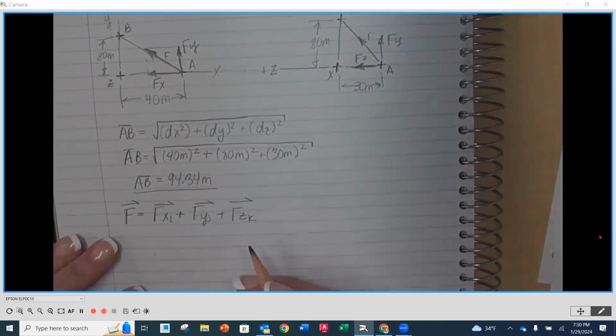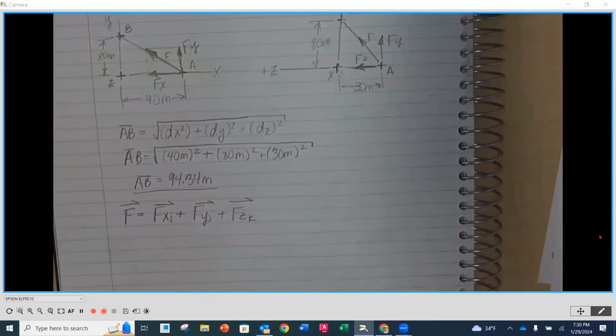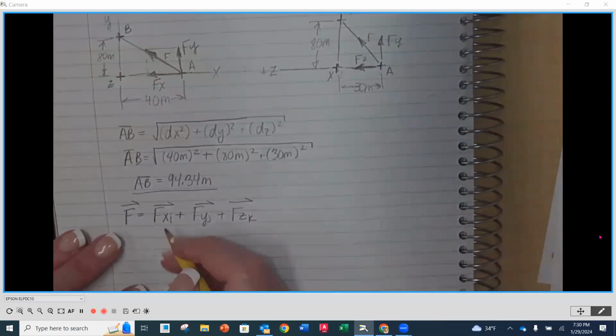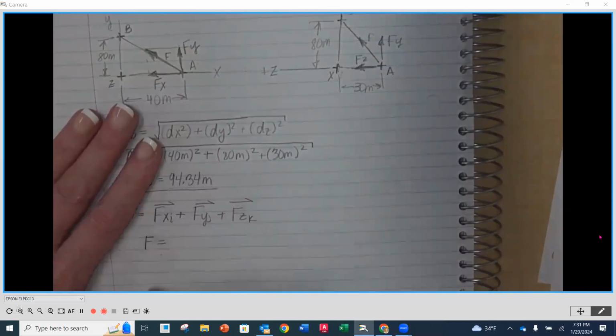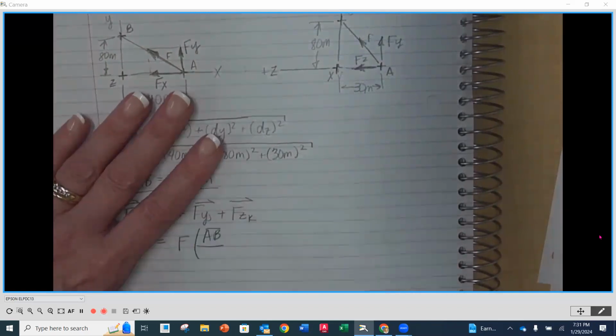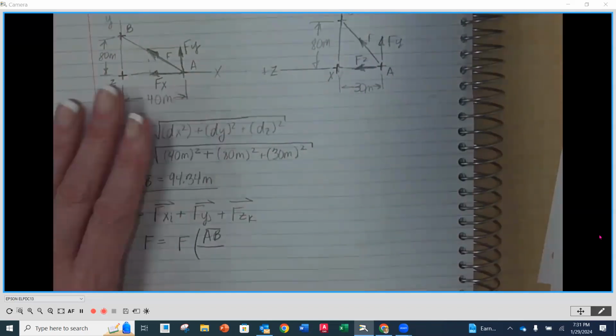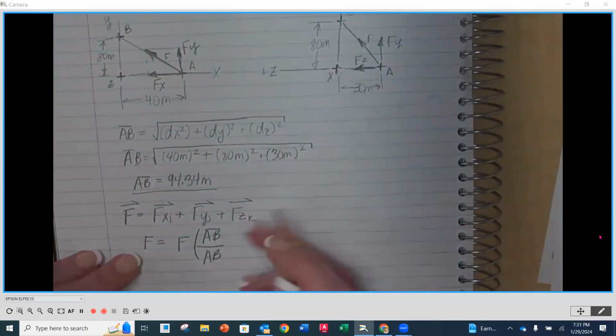Now, to do that, we are going to take our F. F is going to be equal to F times, okay? And this value is going to be the AB divided by, AB goes on the bottom.